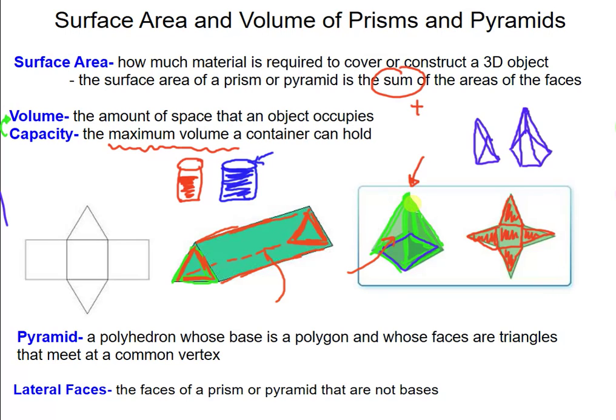The triangles in a pyramid are lateral faces, unless it has a triangular base, then the base is not included. And the rectangles in a prism, unless again it has rectangles as the base, and then we don't include the rectangles, or the squares.